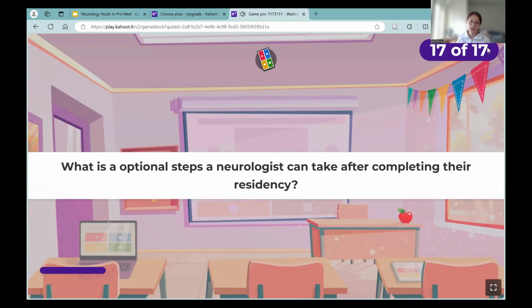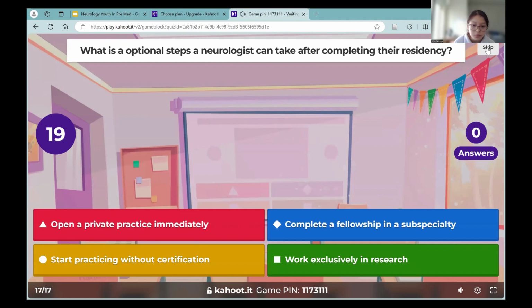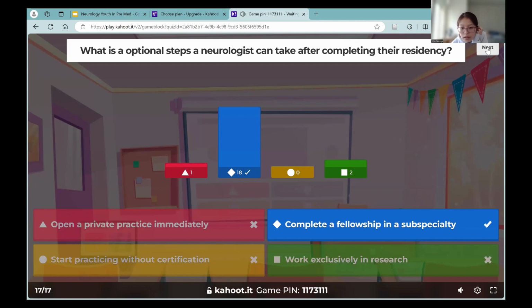Okay, and then last question, what is an optional step a neurologist can take after completing their residency? Yeah, so a lot of people are interested in strokes and different hemorrhages, and they can complete a fellowship in that subspecialty.